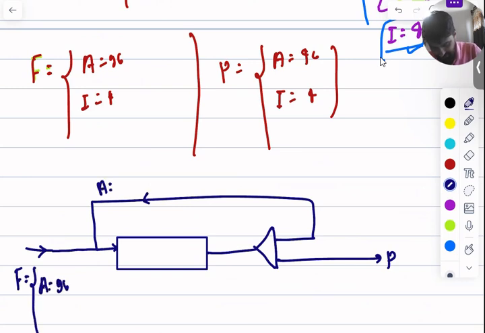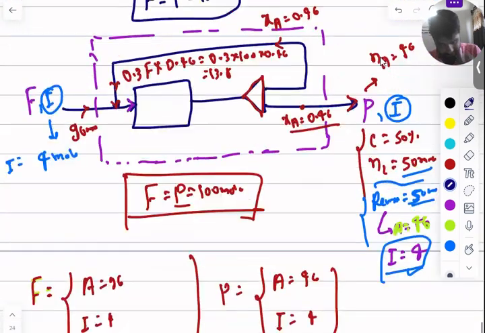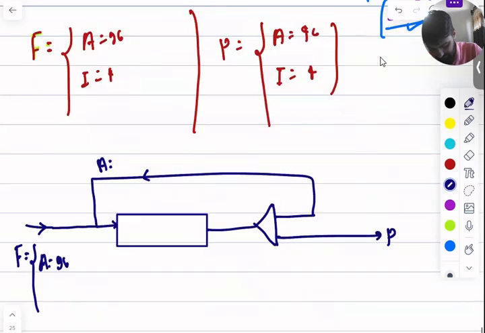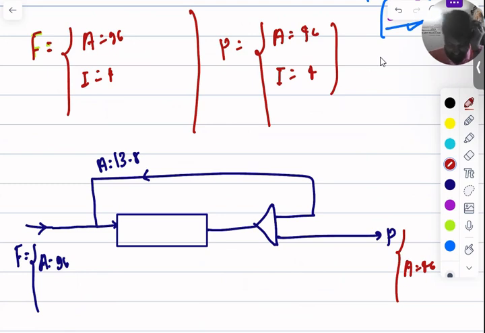How much A is coming from here? We have seen that it is 13.8. 13.8 is coming here. How much A is going out here? It is 46. Is that clear? So you are supposed to calculate the single pass conversion for this particular thing.